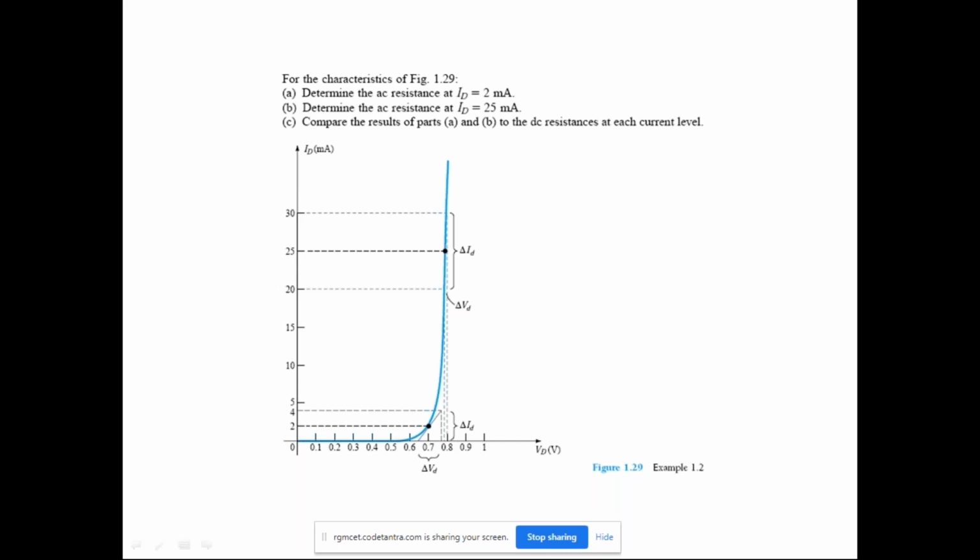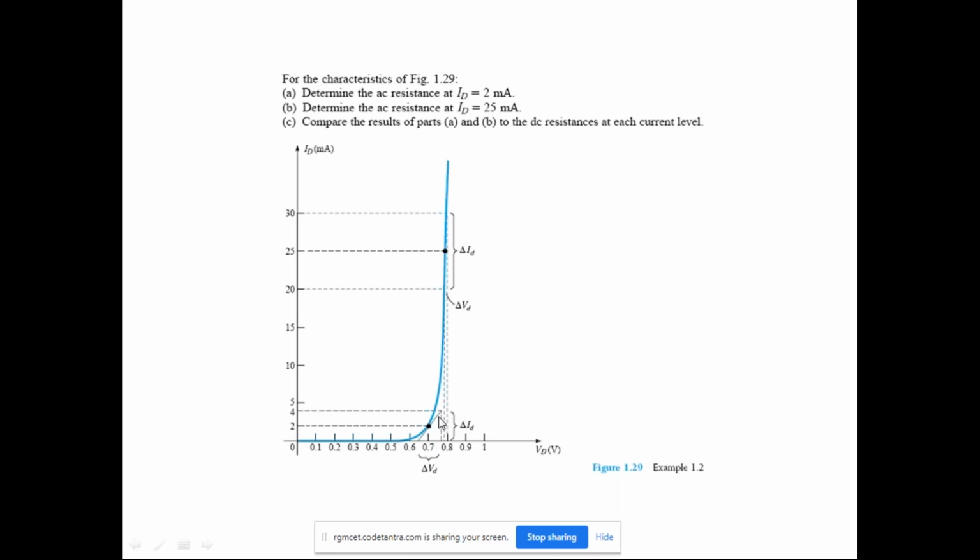Now observe here, this is the 2 milliampere, this dotted black line. Now this one is the operating point. Based on this operating point, draw one tangent line.